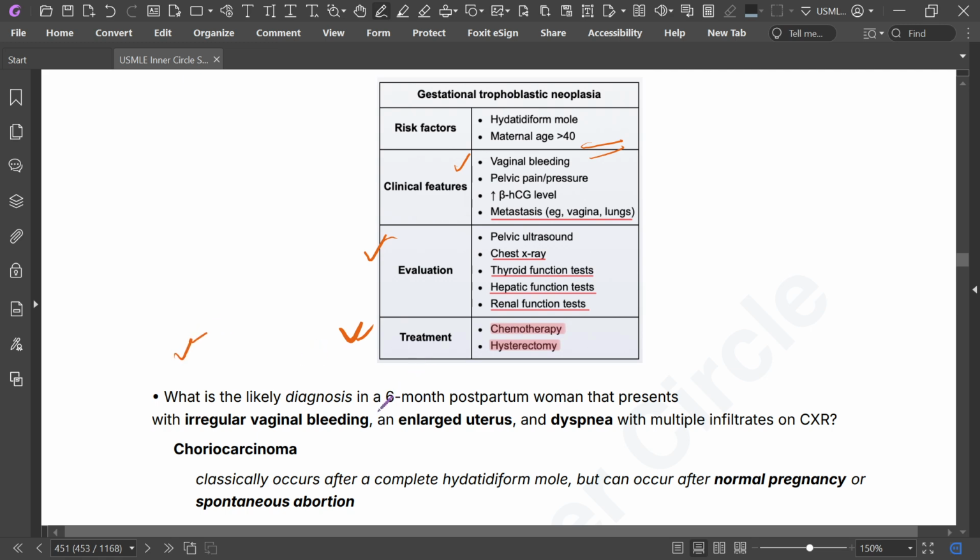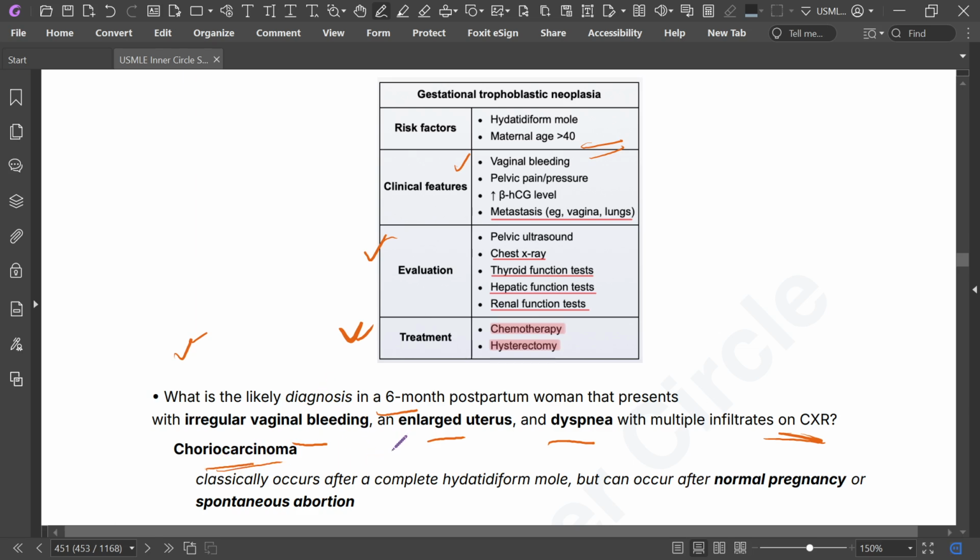What is the likely diagnosis in a 6-month postpartum woman who presents with irregular vaginal bleeding, enlarged uterus, and dyspnea with multiple infiltrates on chest X-ray? Think about choriocarcinoma.